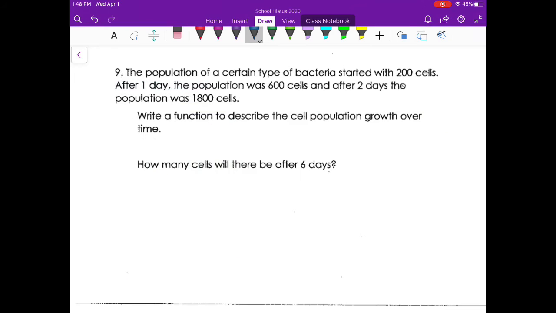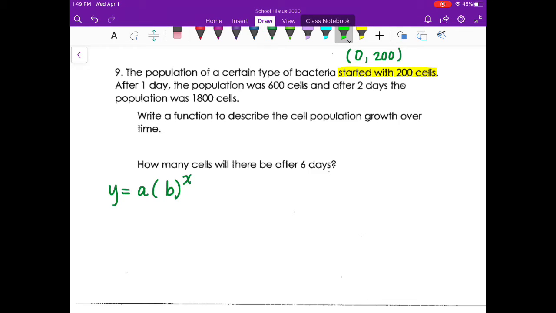This application problem can be set up one of two different ways. We can choose to focus on the start value, which is our 0 term, 0 to 100, in which case we'll use the general form of an exponential function, y equals a times b to the x.